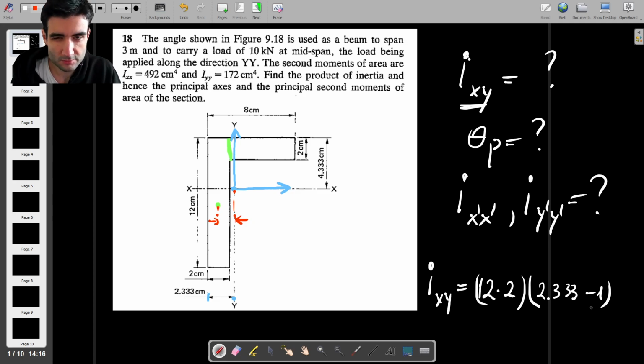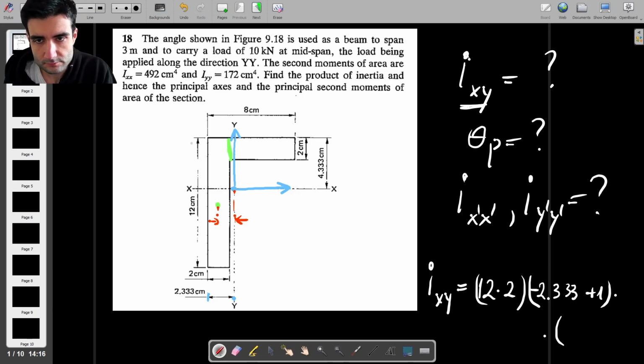Except in our case it's going to be negative, because it's measured to the left of the main centroid. So I'm going to reverse the signs and put the minus here and the plus here, and this is also going to be times the y coordinate of the centroid.